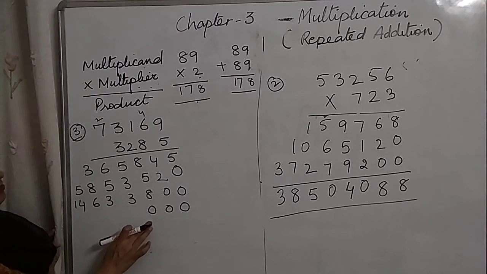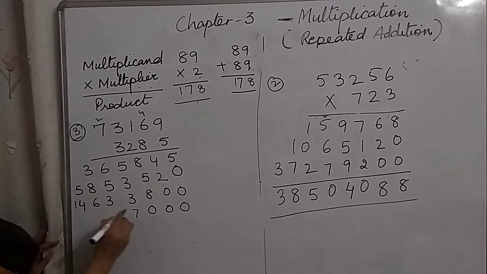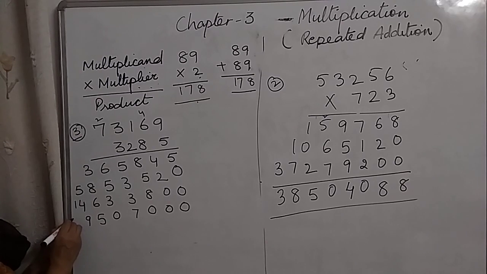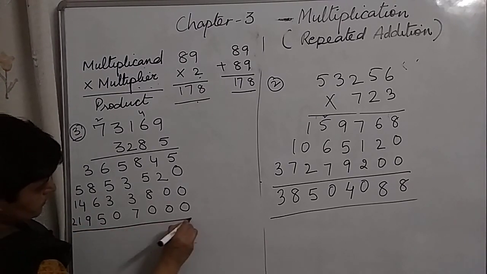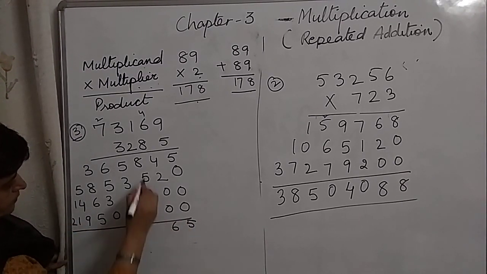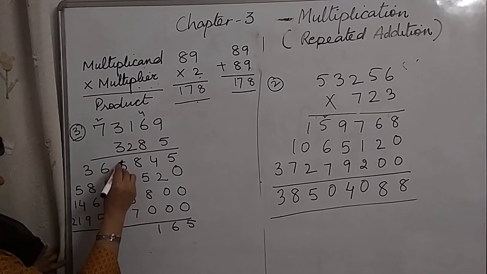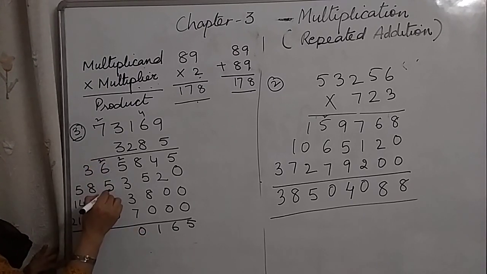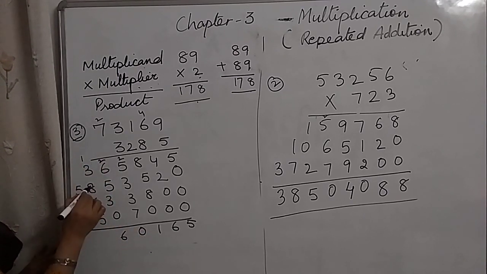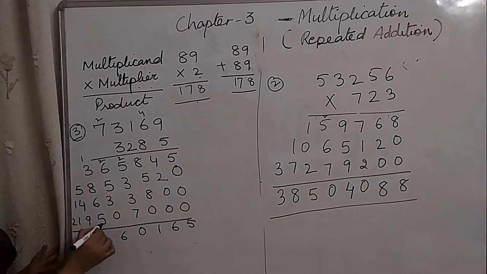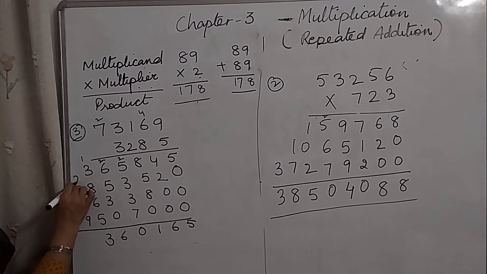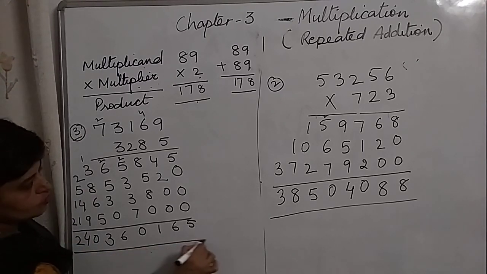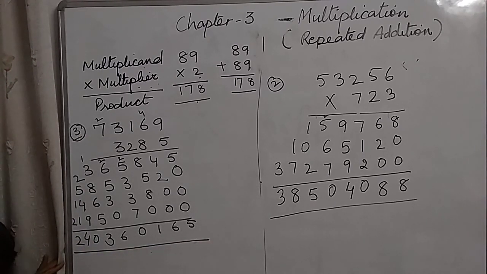So 3 zeros will come now. Seven, 11, 24. So this is the answer.